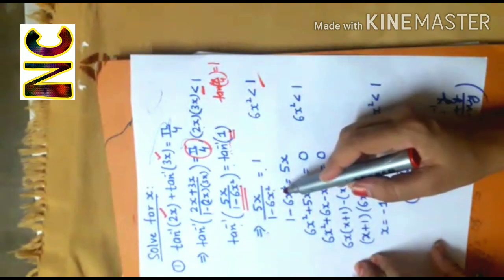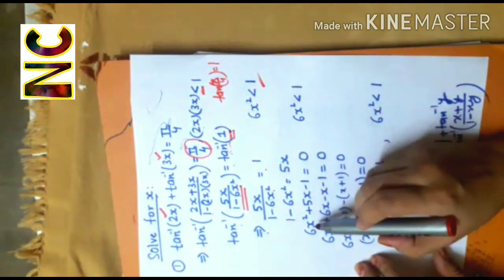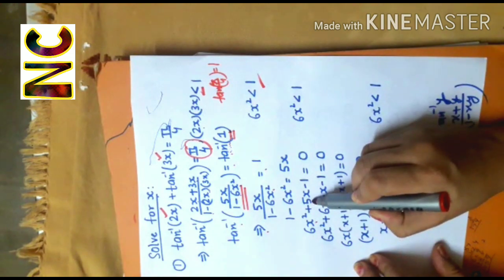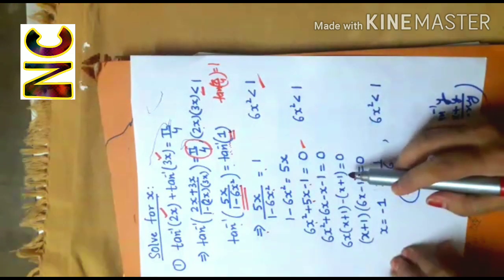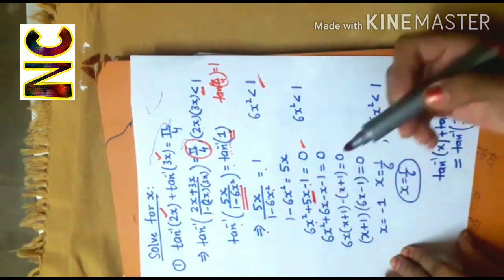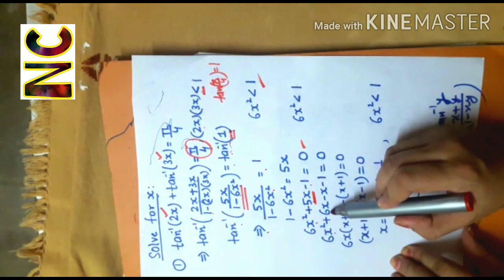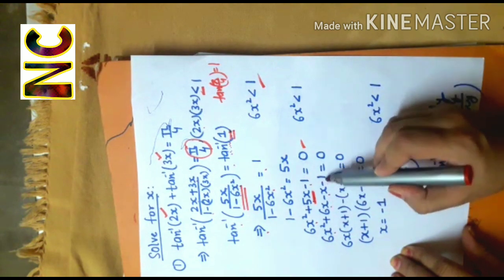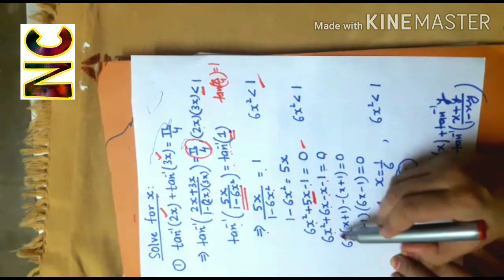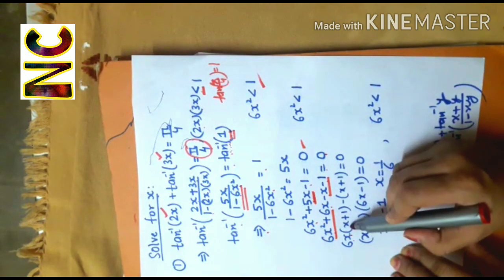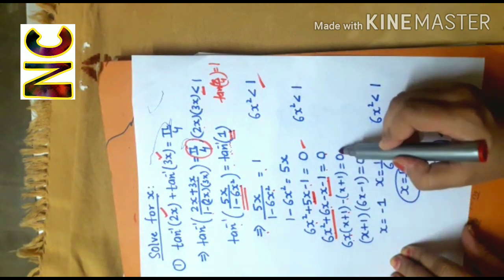Now cross multiply, you will get the quadratic equation 6x square plus 5x minus 1 equals 0. Split the middle term, or you can use the quadratic formula. So 6x square plus 6x minus x minus 1 equals 0. Taking the common factor, 6x into x plus 1 minus 1 into x plus 1 is 0.